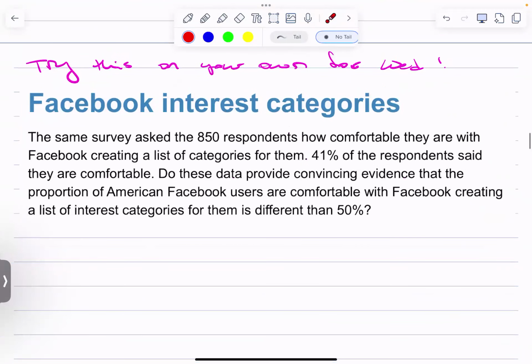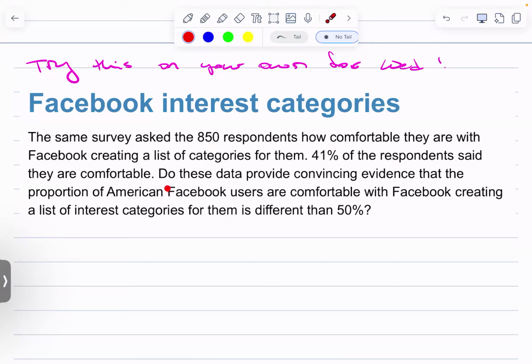So we've got this Facebook interest categories data that we're working with. We've introduced the survey before, and the survey asked the 850 respondents how comfortable they are with Facebook creating a list of categories for them. 41% of the respondents, that tells me it's a sample proportion, said that they are comfortable with Facebook creating categories for them.